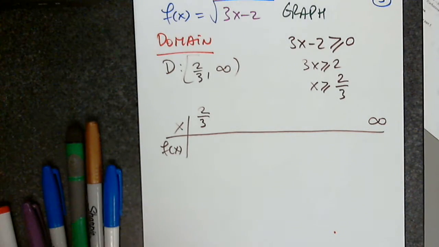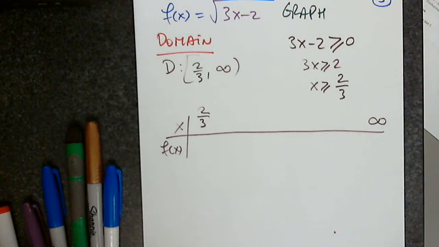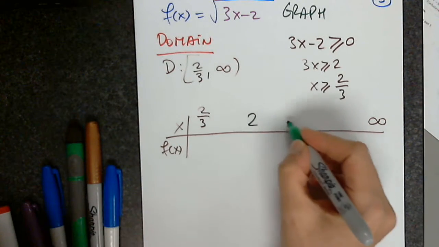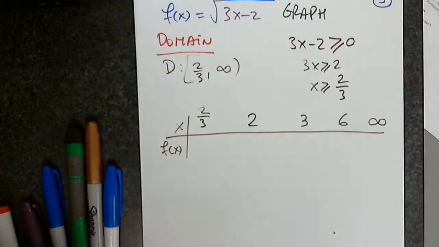Since I don't want to spend time trying to find something nice, just give me 2 or 3 numbers between 2/3 and infinity, hopefully closer to 2/3 than to infinity. We'll plug them in and we'll get some approximation, whatever it is, and we'll graph the function. So I have to start with 2/3, however. Yes, Becky? You want to put 2 and you want to put 3. Good. Let's also put 6.